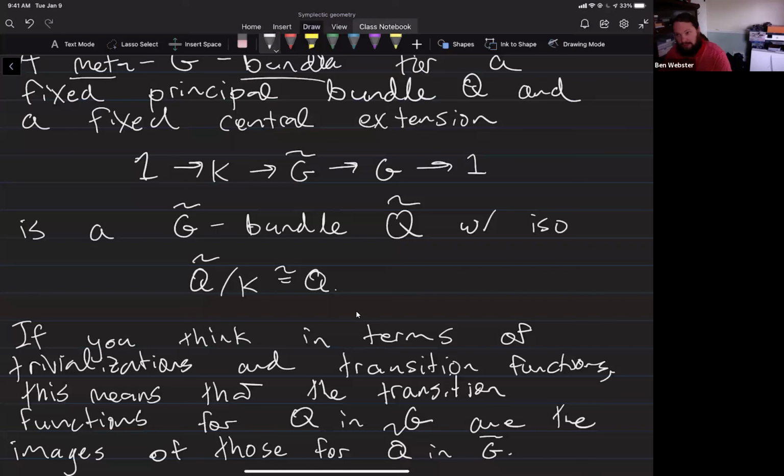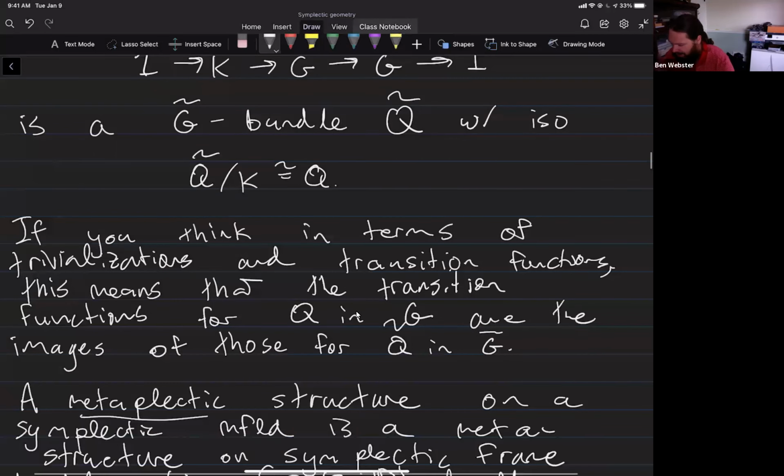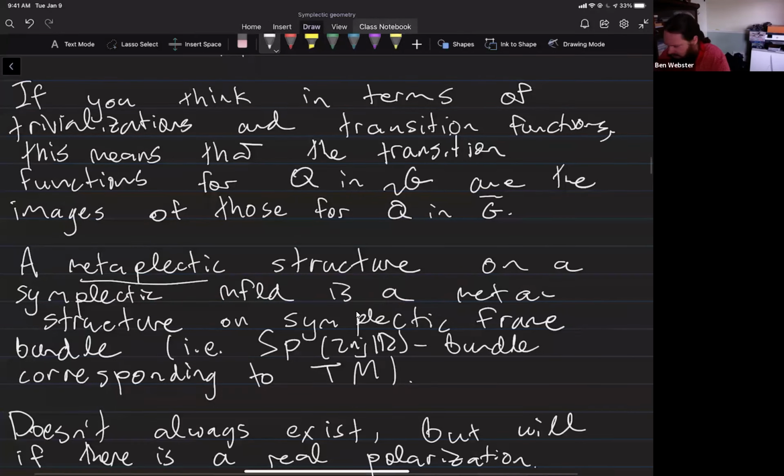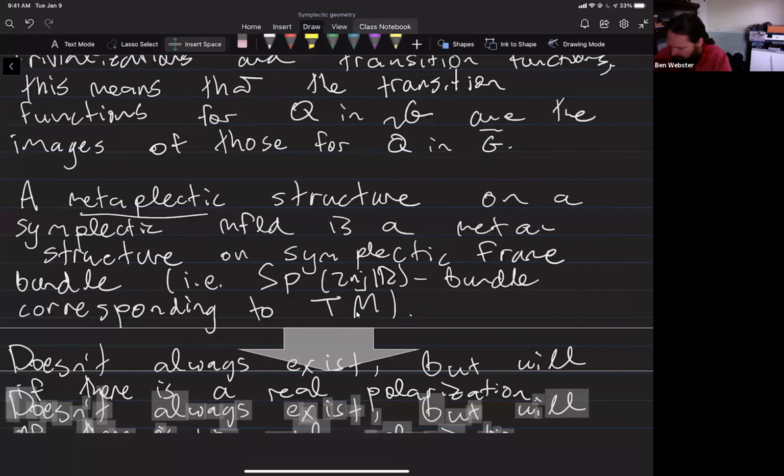With my original Q, I can trivialize it and get transition functions in G, and now I want to pick transition functions in G twiddle, which map down to the transition functions in G. So a metaplectic structure on a symplectic manifold means that, since being a symplectic manifold means your tangent bundle can be written in such a way that the transition functions are in the symplectic group, I should say, this is very standard stuff, but maybe I'll say it a little more carefully.